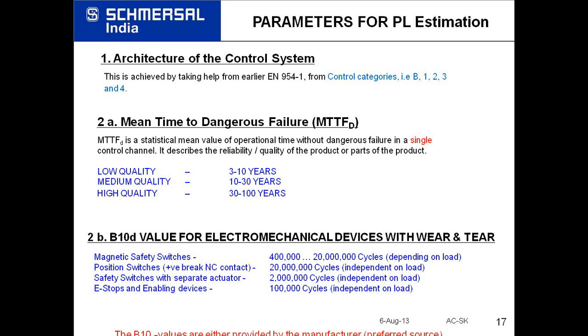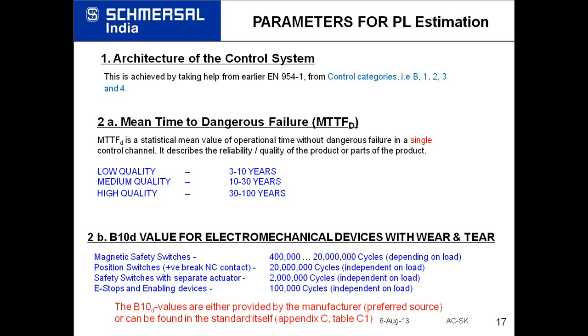And these B10D values, or you can say the mean time to dangerous failures, from January 2012 onwards, all manufacturers who manufacture safety devices have to declare those values. Okay. Earlier it was not required.